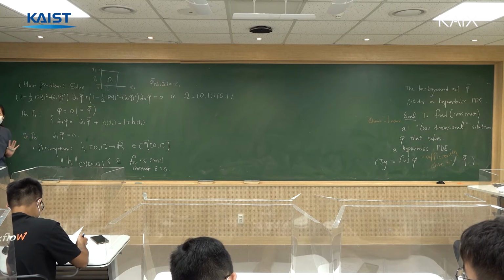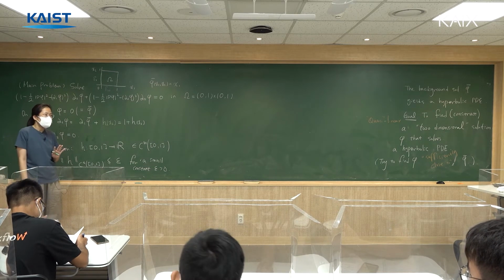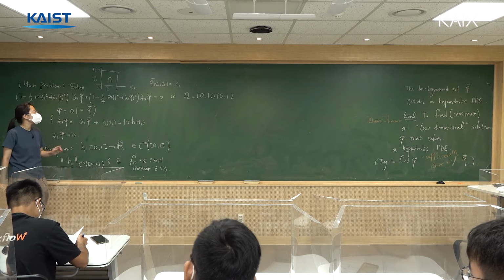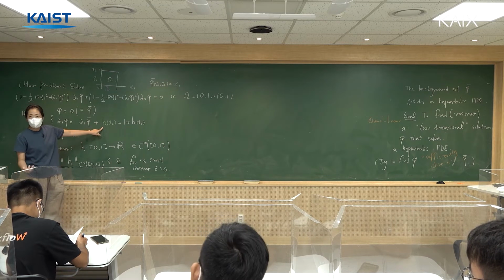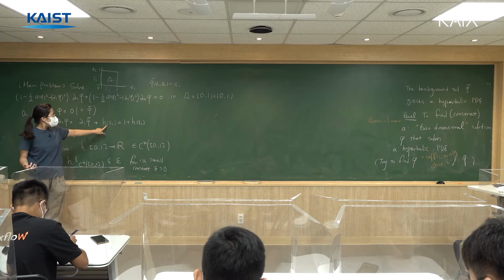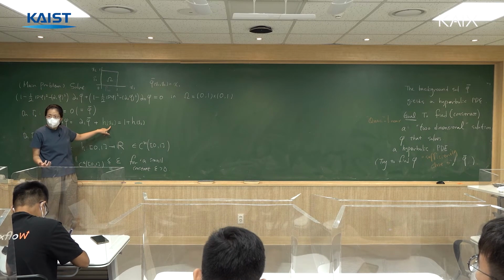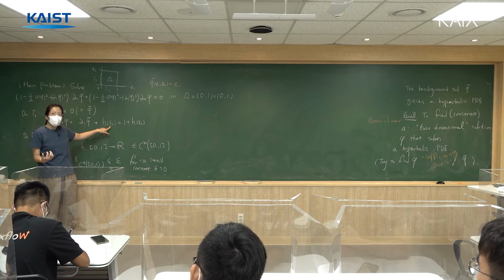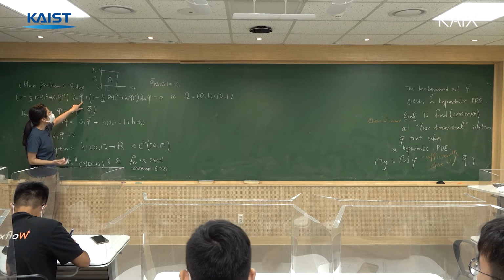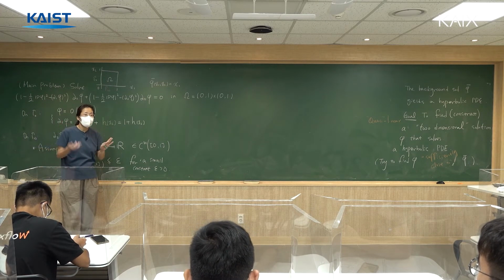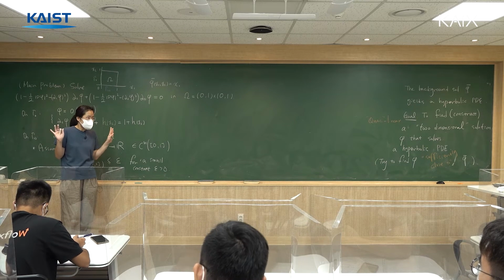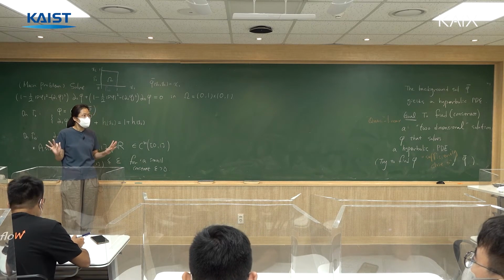So this is the problem. One observation that you already have from the setting is that if h is really a function of x2, then we can easily expect that a solution phi must be a function of both x1 and x2. So it's not a one-dimensional problem anymore. This is truly a PDE.